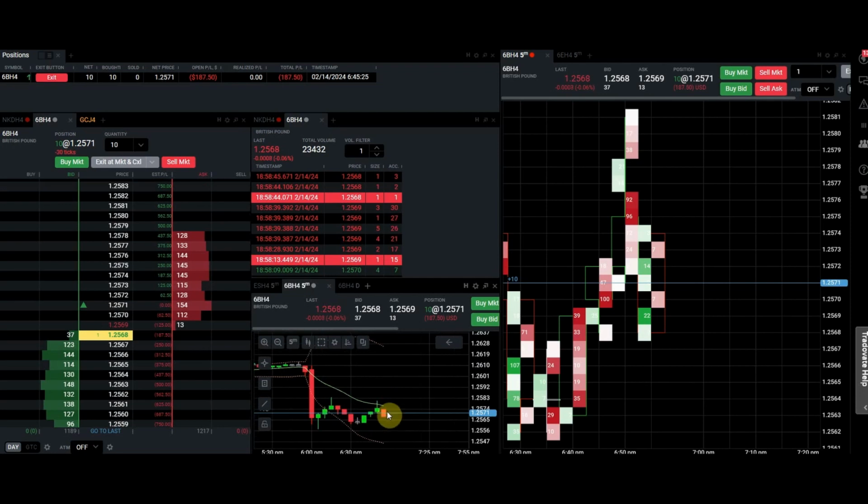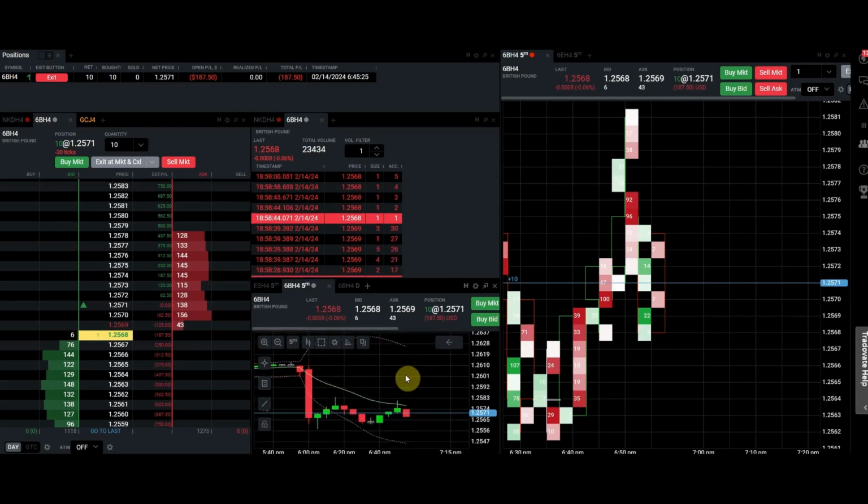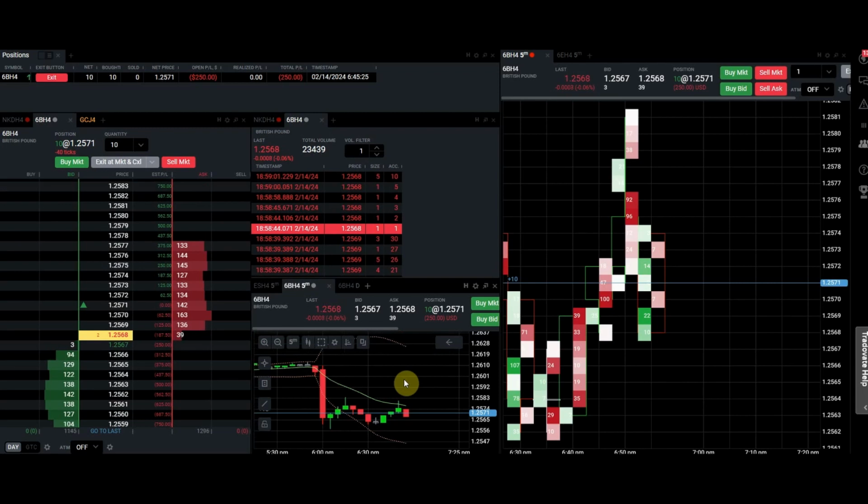I really think it's going to push down quite quickly and soak up this volume just below this level before it comes back long. So I'm just trying to work out what the best move is here.